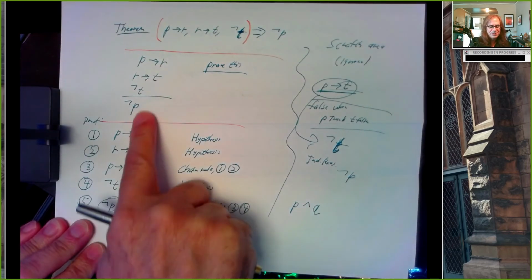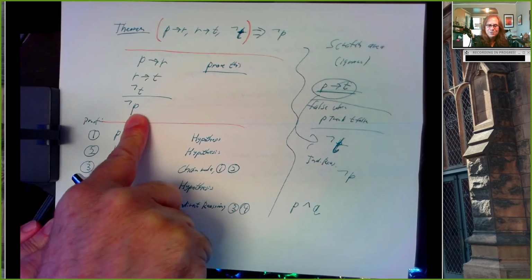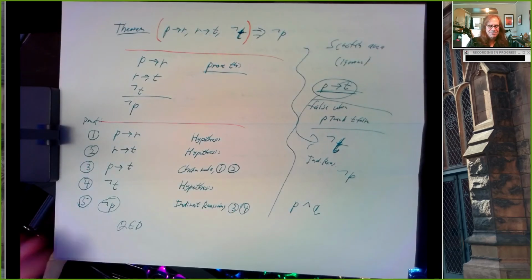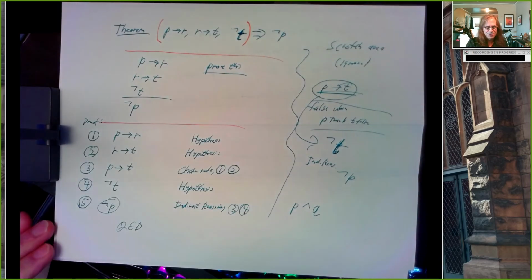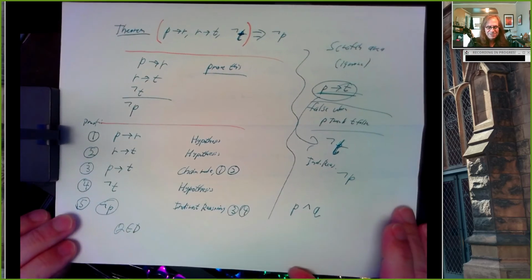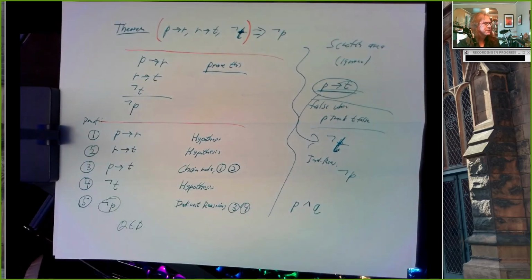This could be the proposition that A and B and not C implies D or not F. And as long as these hypotheses are true, I know that conclusion is also true. But yeah, if you see something like, prove this thing, it's exactly the same procedure.